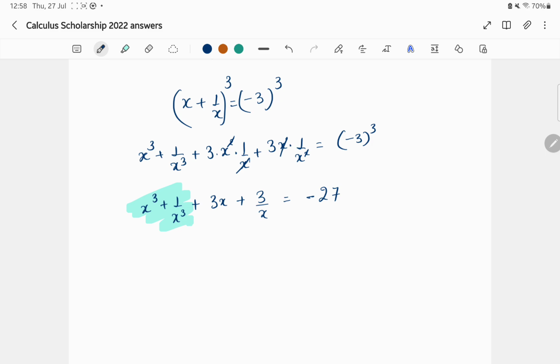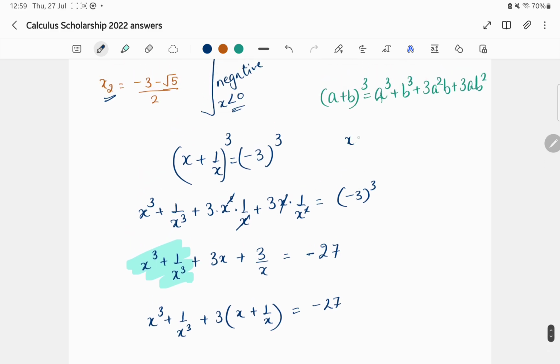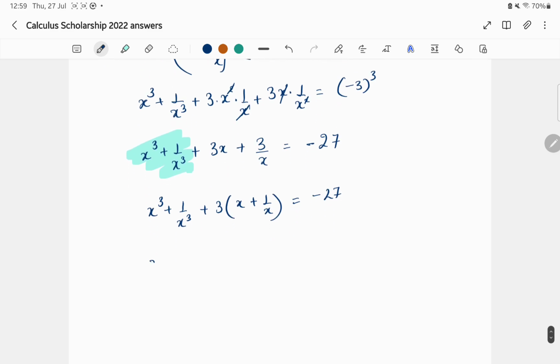So let's simplify further. We are not going to touch x cube plus 1 over x cube. Plus 3 times x plus 1 over x is equal to minus 27. Now we started with x plus 1 over x is equal to minus 3. So we're going to substitute that here.